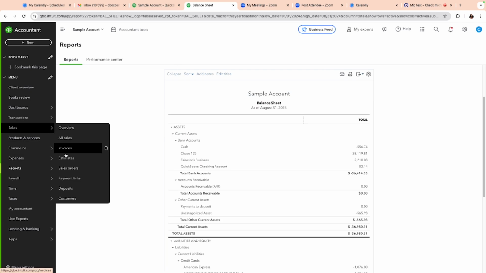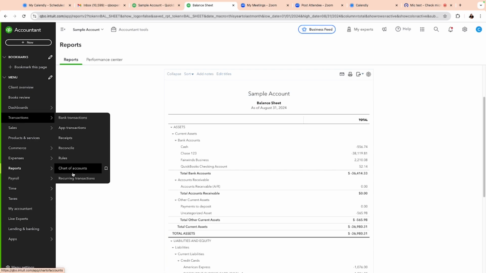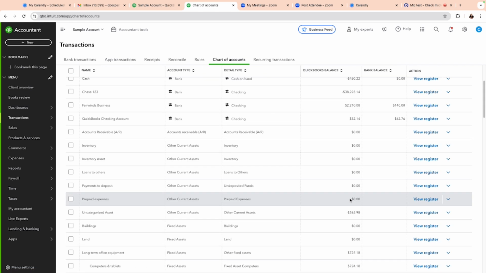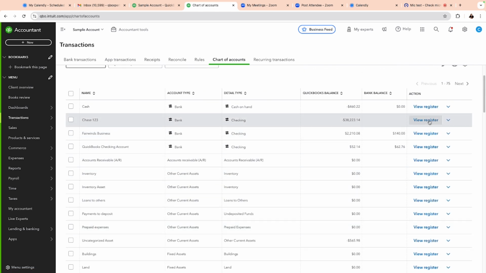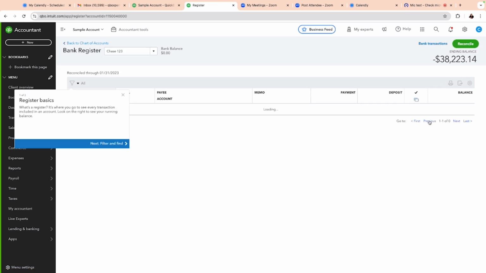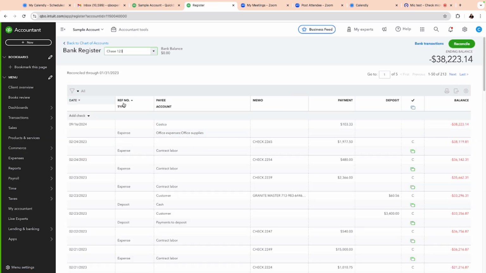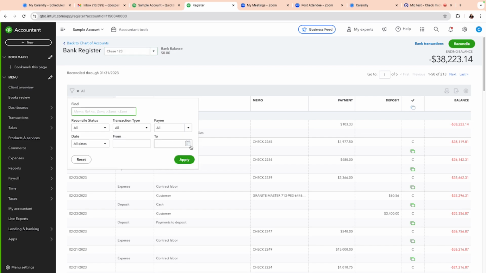So we're going to go here, transaction, chart of accounts. We're going to go ahead and go into the register, view register. Okay. And if your account is reconciled to a certain date, you want to select the last date that it was reconciled.